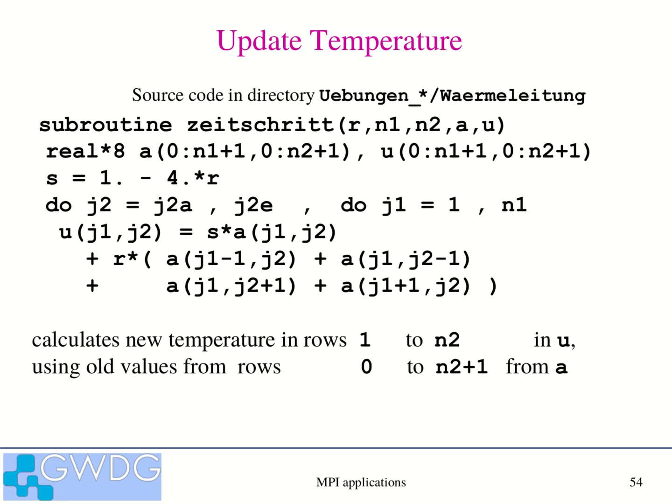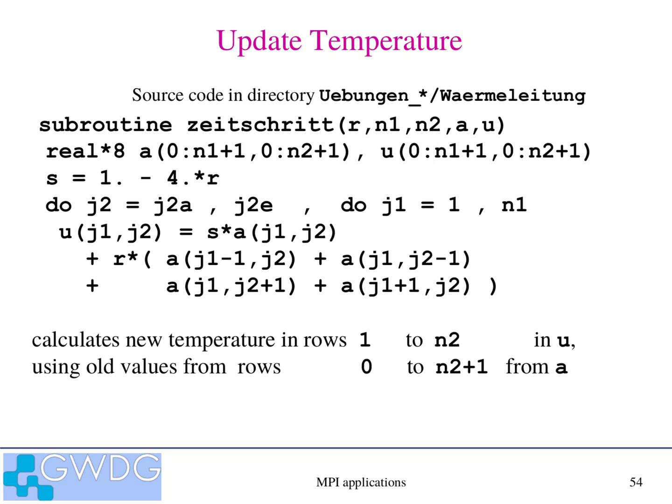So, the Zeitschritt routine calculates the new values in the array U for rows and columns 1 to n, the new temperature within the grid, which means the inner rows.